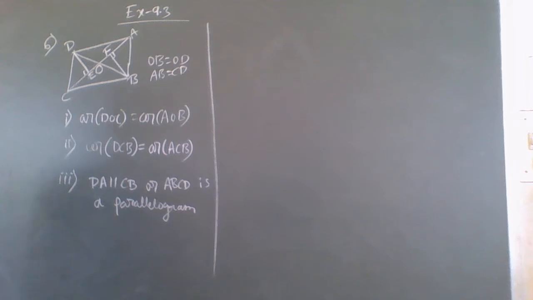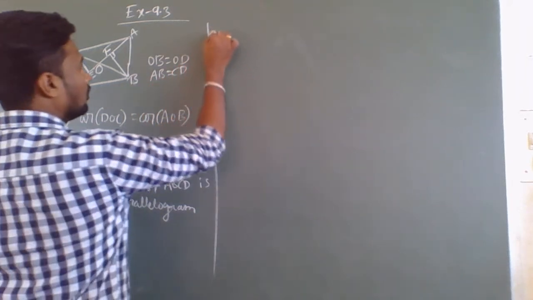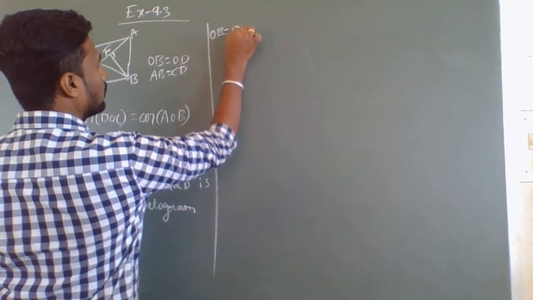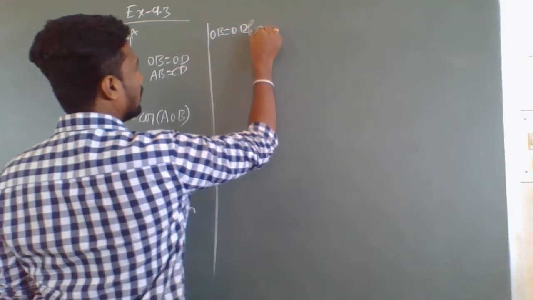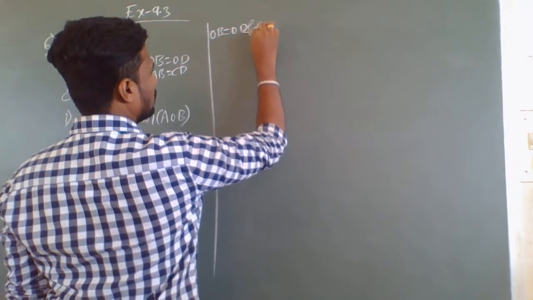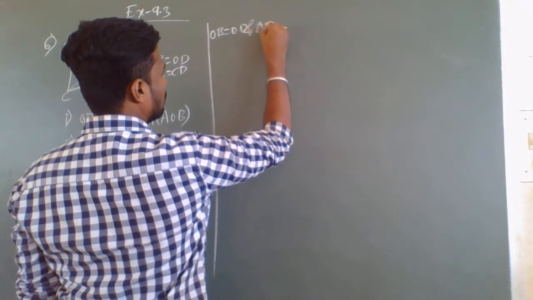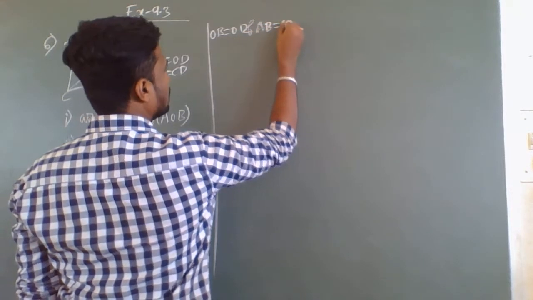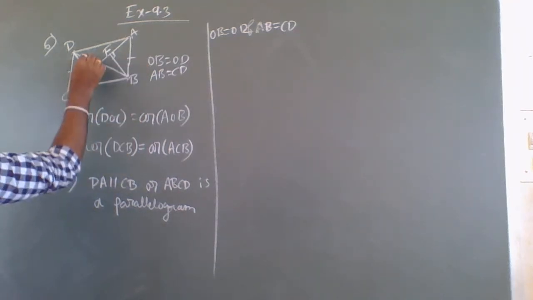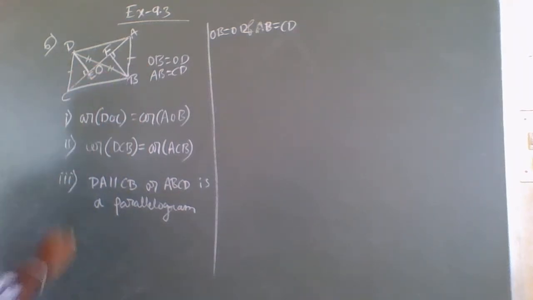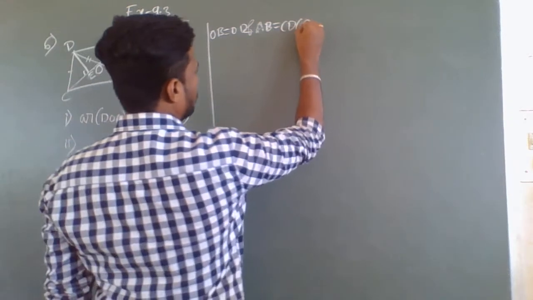Okay, and they have given that OB equals OD and AB equals CD. These two are equal and these two are equal. OD and OB are equal, this is given.